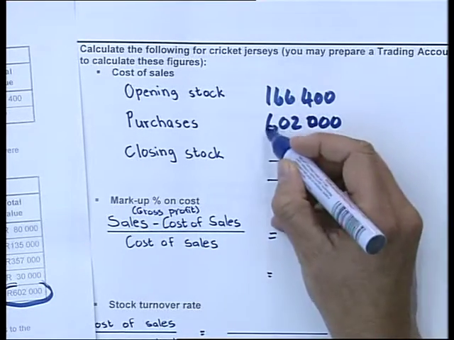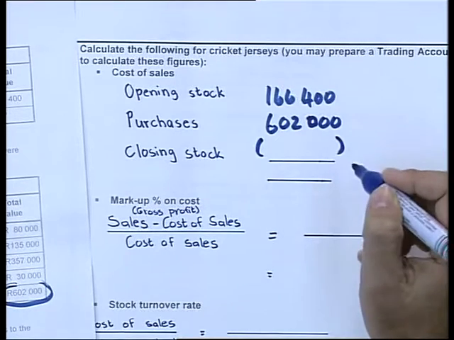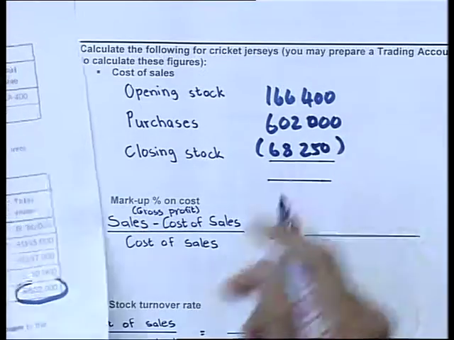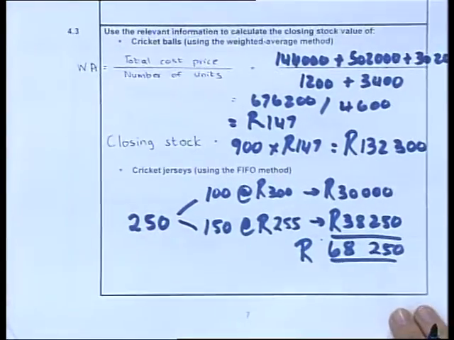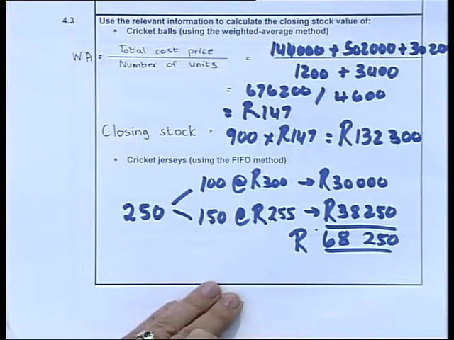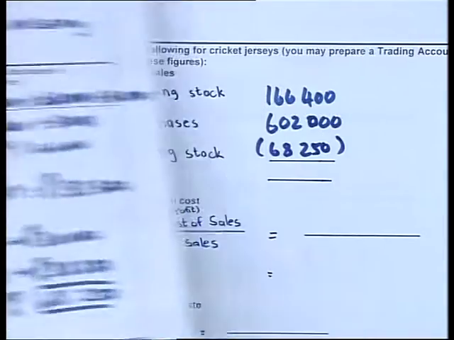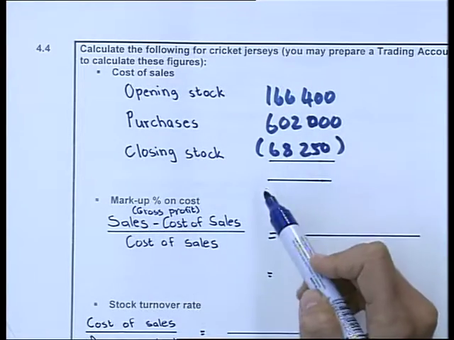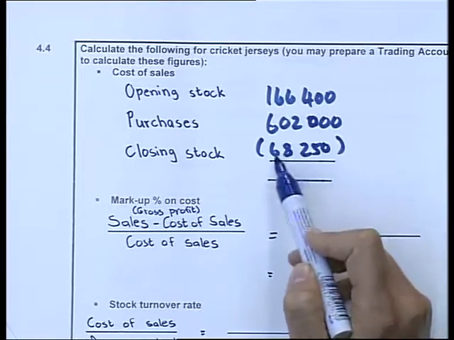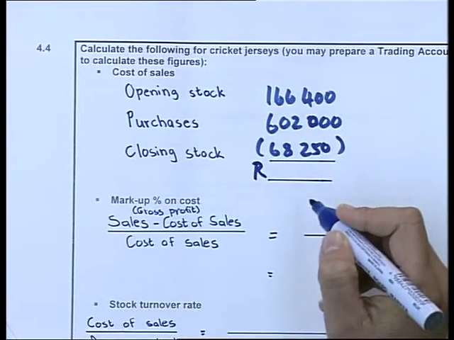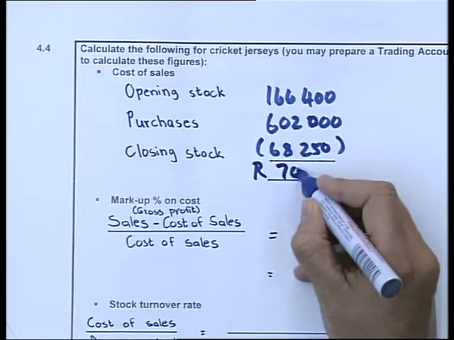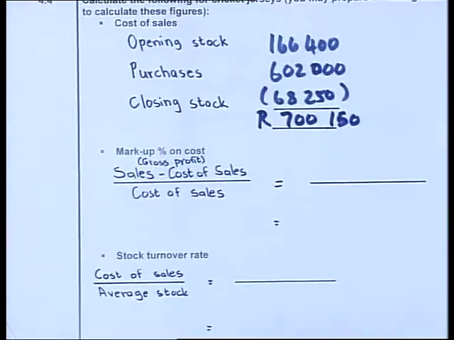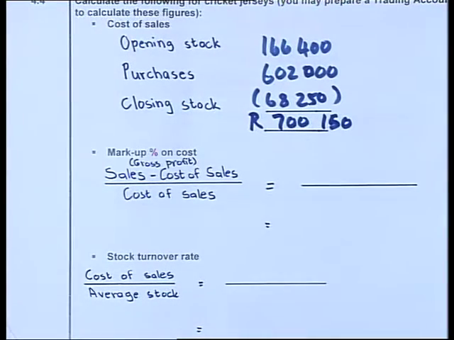Minus the closing stock that you've just calculated in the previous question. 68,250. Remember the one we did just now? We got 68,250 as our closing stock. Okay. So now if we say 166,400 plus the purchases minus the closing stock, we get 700,150.